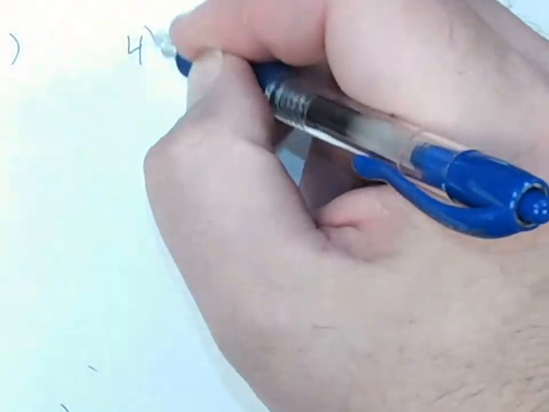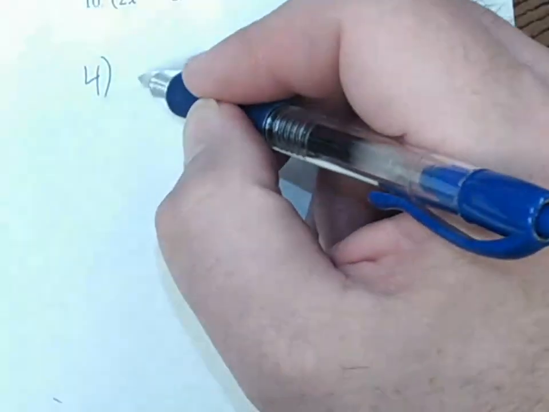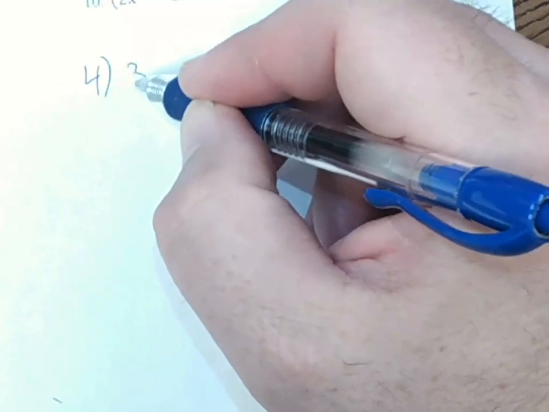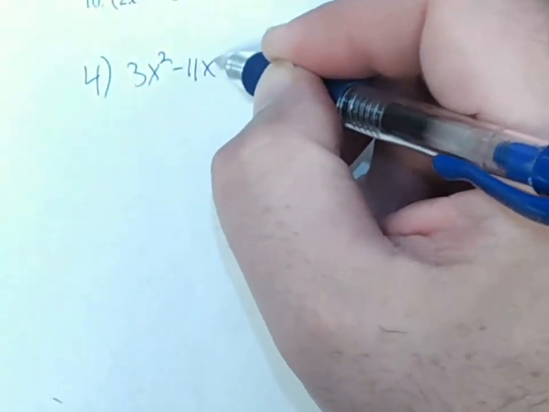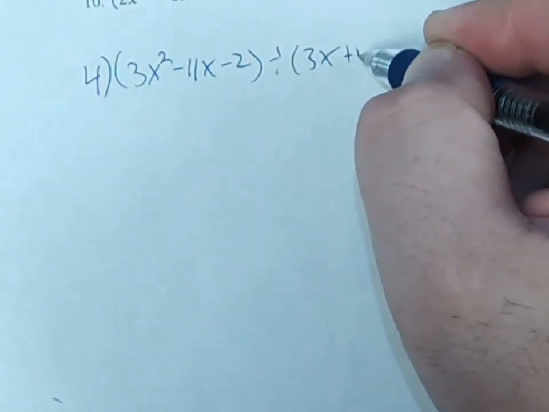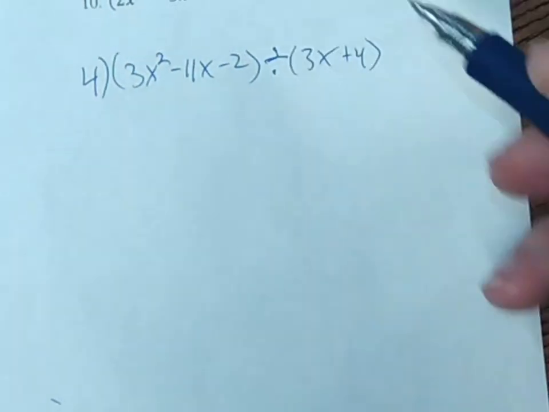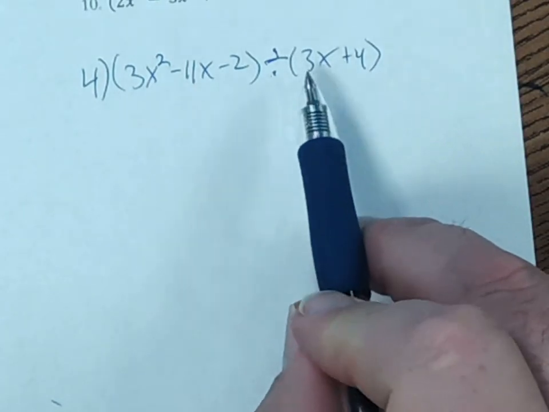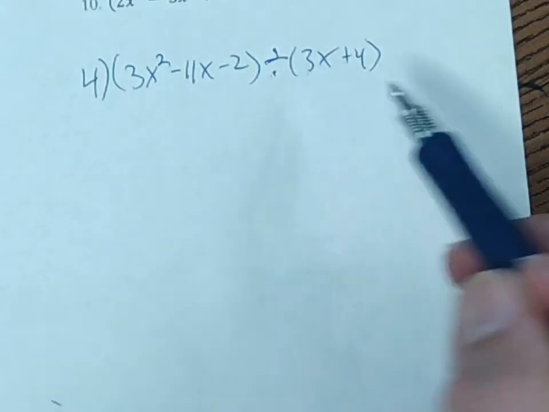Okay. So let's jump down to number 4. Number 4 we got, let's see here, 3x squared minus 11x minus 2 divided by 3x plus 4. And I went down to this one because I wanted to divide by something that had a coefficient in front of the x.